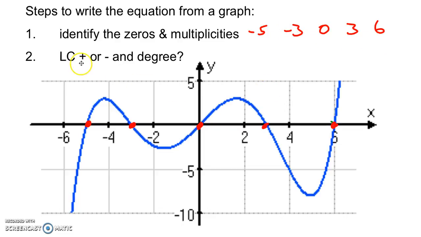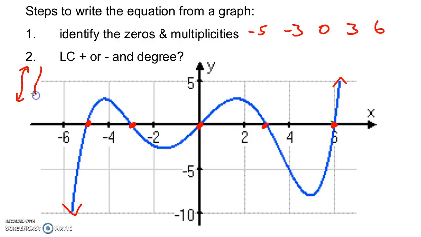So the leading coefficient, is it positive or negative? Well, I need to look at my end behavior. I have one arm up and one arm down. This indicates that my end behaviors go like that, from left up towards the right. That's a positive odd degree because this looks like a cubic function.